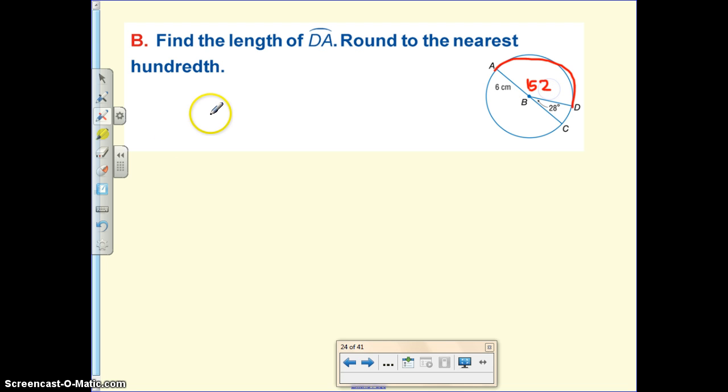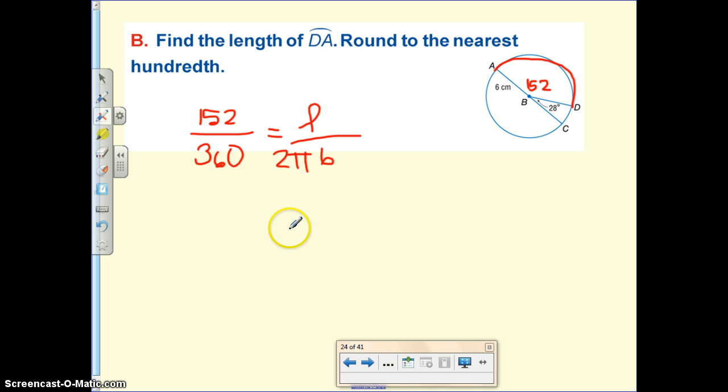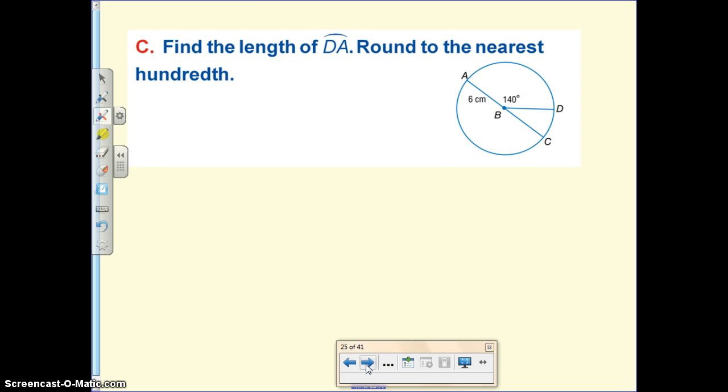So now I can set up my proportion saying 152 is to 360, as this arc length of DA is to 2 pi r, which is 6. And then I can solve my proportion, which gives me an arc length of 15.92. And if you think about it, this looks about twice as long as that, so it makes sense.